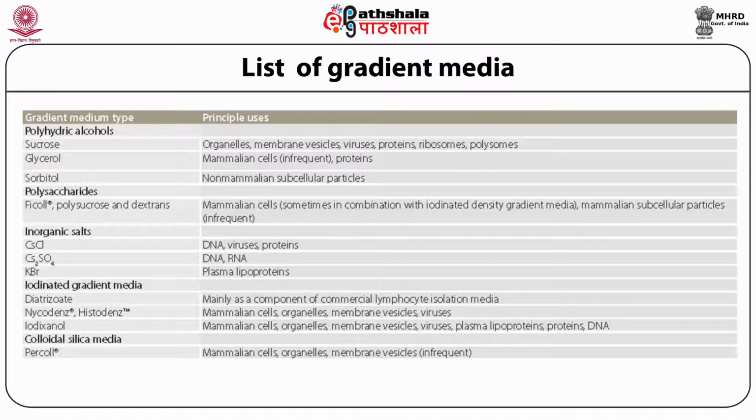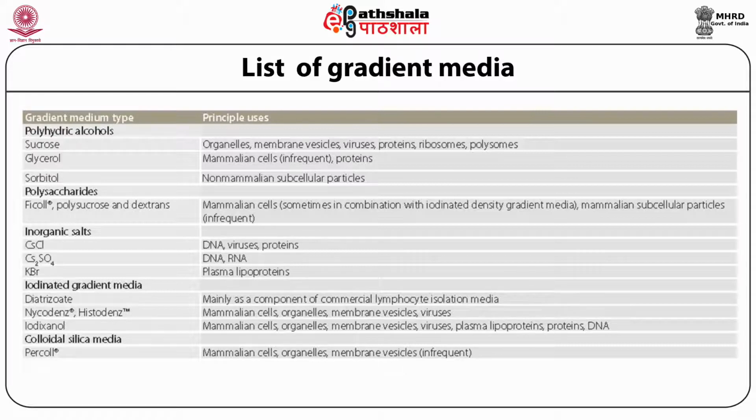Usually insoluble molecules are not used, as all the molecules used for gradient preparation must be soluble in water. It does not form solutions of high viscosity in the desired density range. It should be either hyperosmotic or hypoosmotic when used for separating osmotically sensitive particles. It should be adjustable to the pH and ionic strength at which particles are separated.